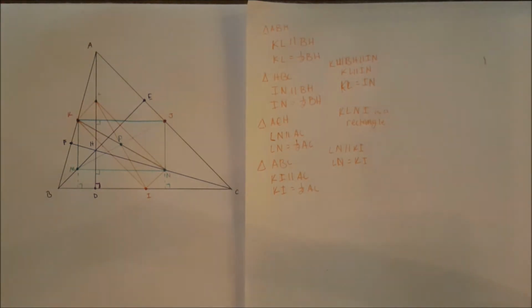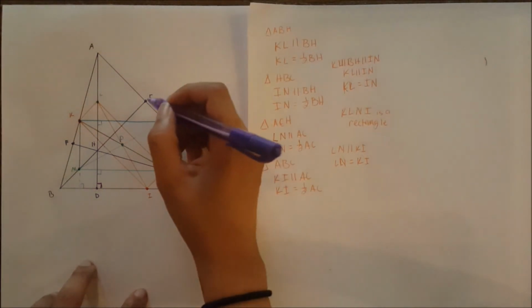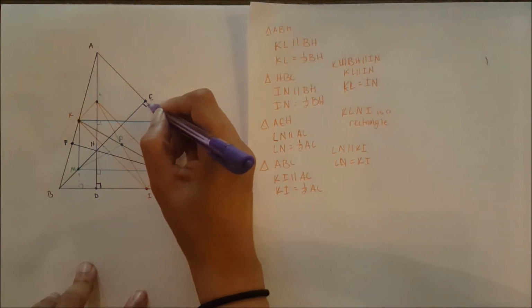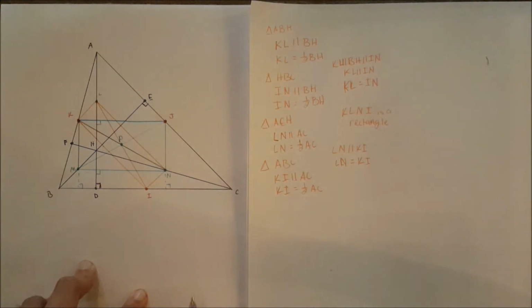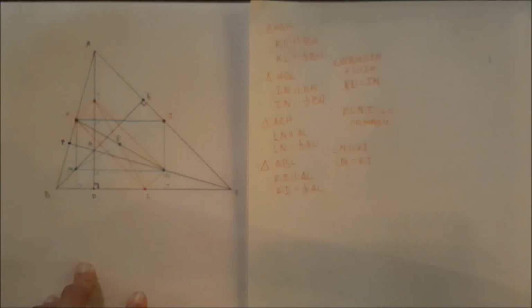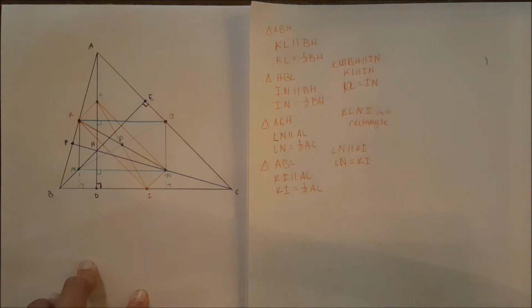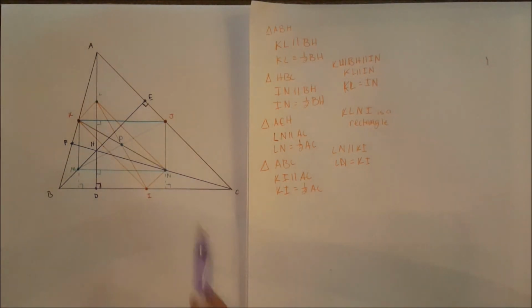So using the same logic, we look at point E, and we know that BE is perpendicular to AC with E lying on AC. So let's look at triangle MEJ.